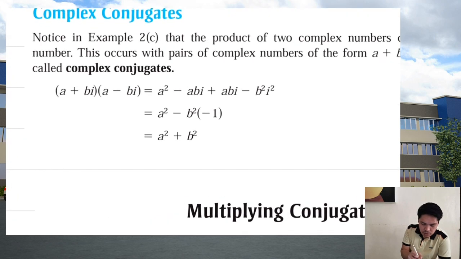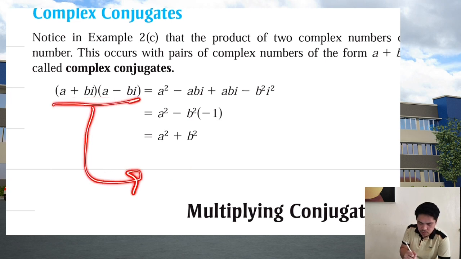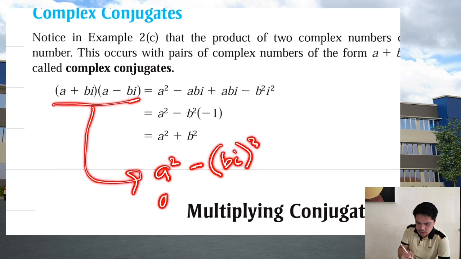Okay? Or a plus bi times a minus bi is just simply a squared plus b squared. So we are just following the formula for special products. Diba? We have a squared minus, that would be a squared minus bi squared. So that would be a squared minus b squared times i squared.